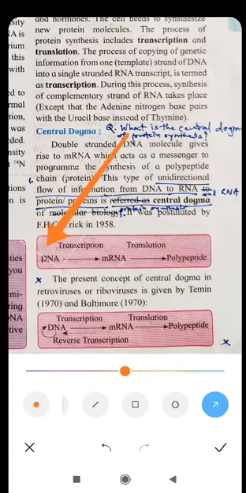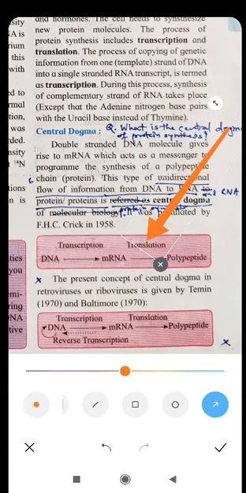Inside the nucleus, DNA first produces mRNA molecule, and this process is called transcription. This mRNA then comes out of the nucleus, enters the cytoplasm, and in the cytoplasm, this mRNA produces protein molecule or the polypeptide chain, and this process is called translation.